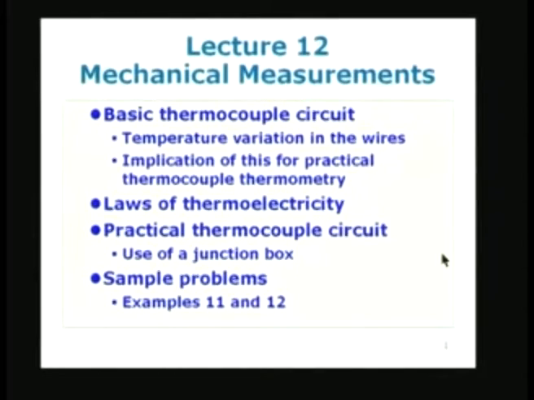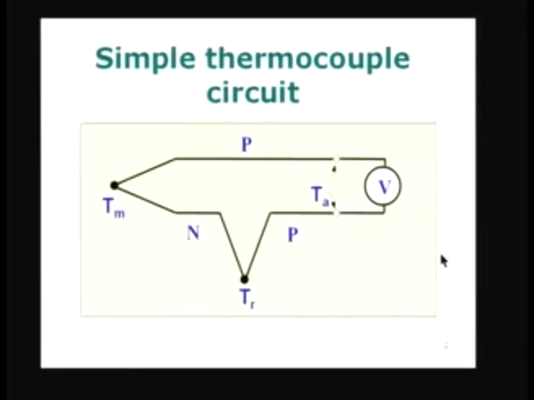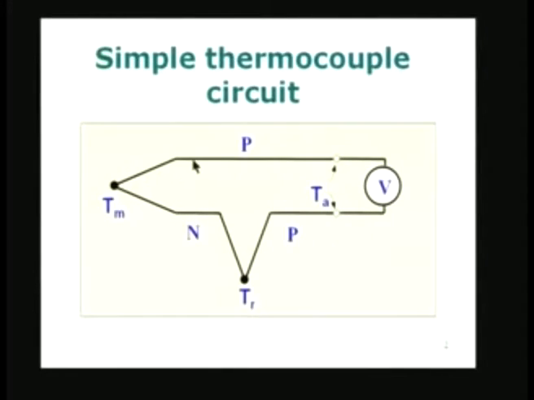So, in the next slide, I am showing the simple thermocouple circuit, which was in fact also looked at in the last lecture. It consists of 2 wires. The positive wire is shown as P and the negative wire as N, and there is a junction between the positive and the negative wire, which is maintained at the temperature T subscript M. This is the measuring junction. And if you remember what we have said earlier, there should be a reference junction.